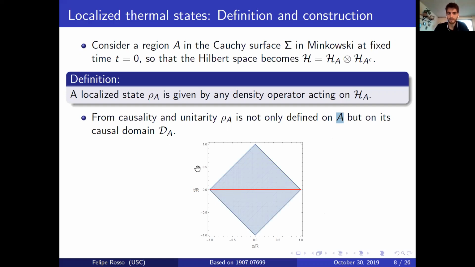An important thing is that causality and unitarity of the theory means that this localized state, rho A, is not only defined on this red segment, but it is actually defined on this whole causal diamond, okay? So, yeah, that's an important thing to keep in mind. These states are localized in a whole space-time region, okay? They're not only defined in a region of the Cauchy surface.